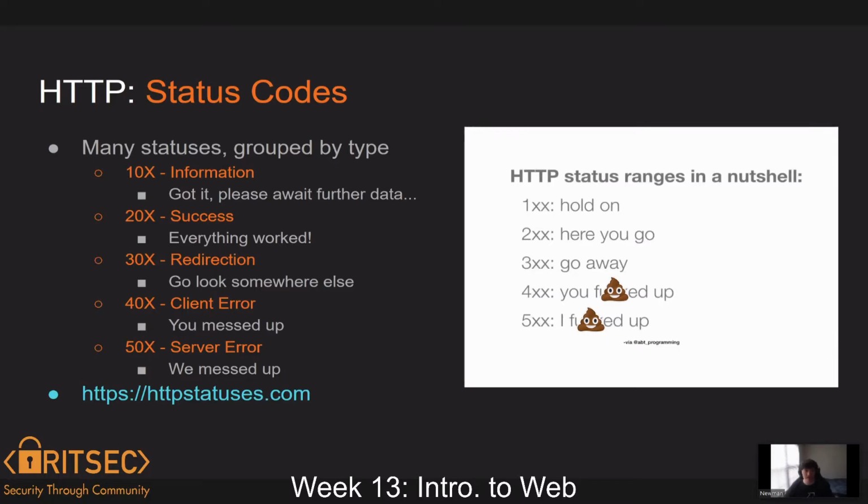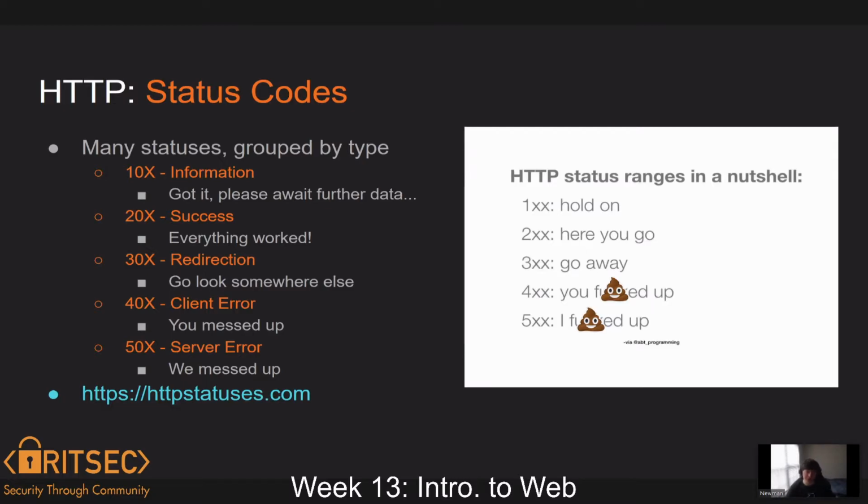So we talked about methods, which are kind of like explaining what kind of request you're sending. Status codes kind of explain what kind of response you're getting back. So there's tons of different status codes, and each one's just a 3-digit number. They're generally grouped into 5 types. The 100s are informational.